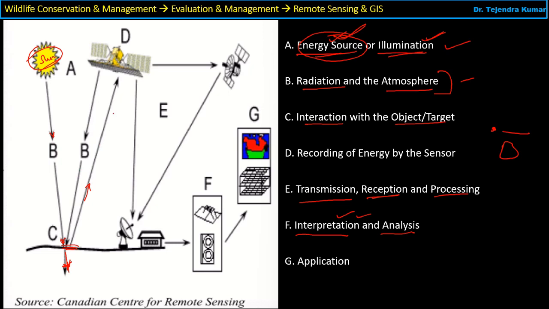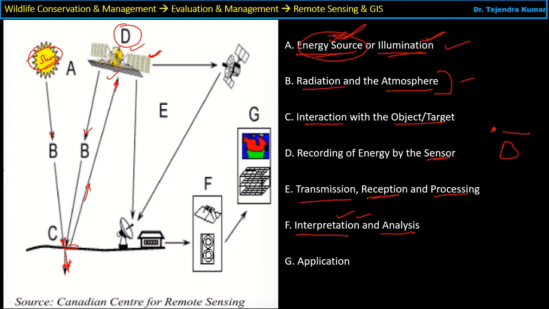But this energy which is sent back is received by the sensors which are placed on the satellite. Or sometimes another kind of system can be used here. Sensors can be applied on aircraft or balloons, or a helicopter. So here some special system can be applied which uses this energy.